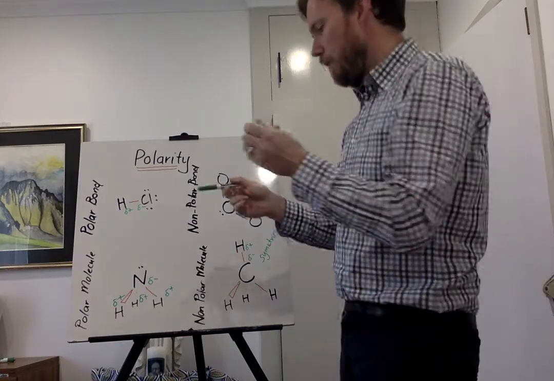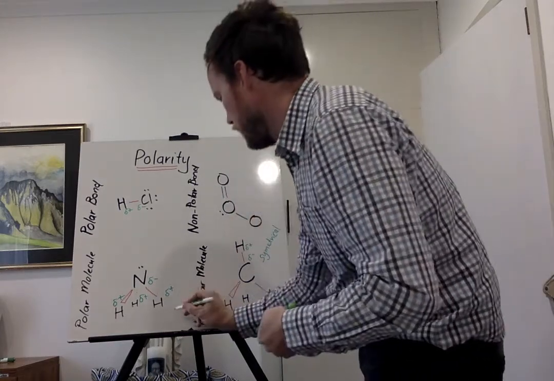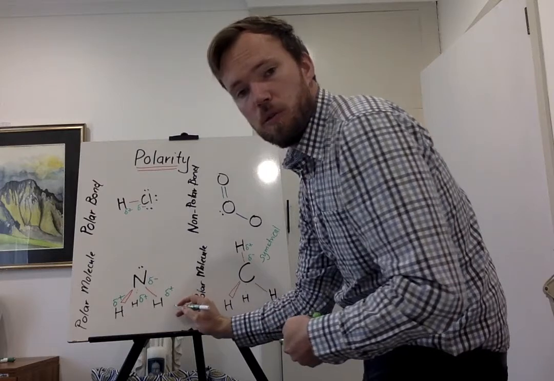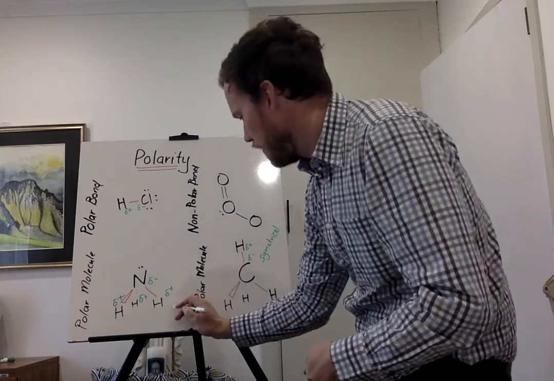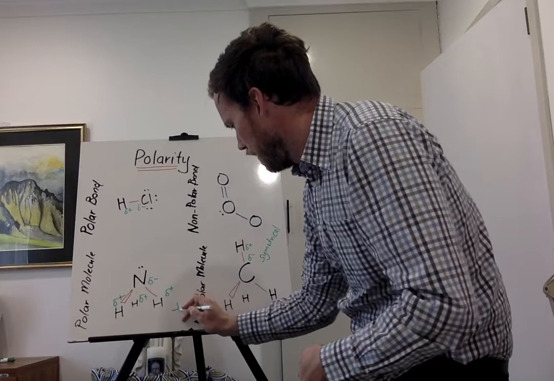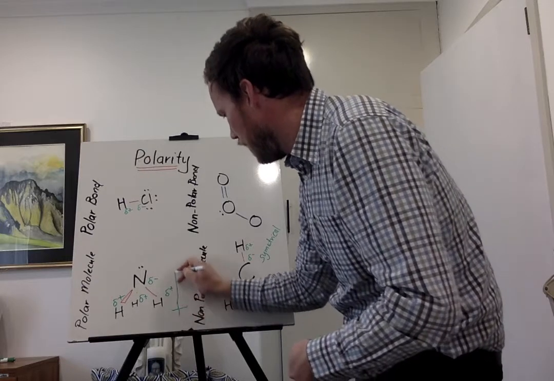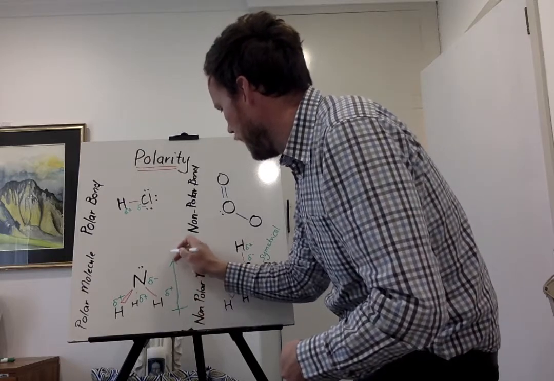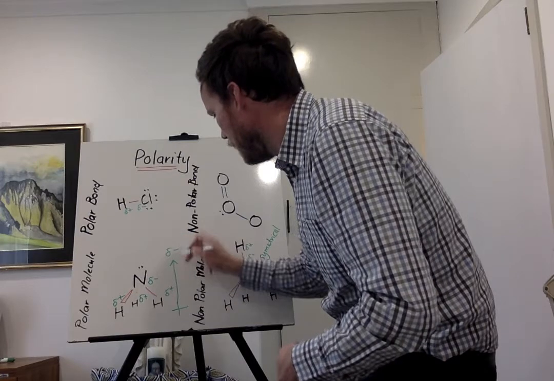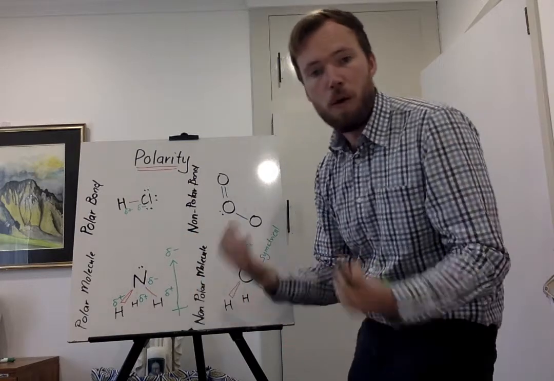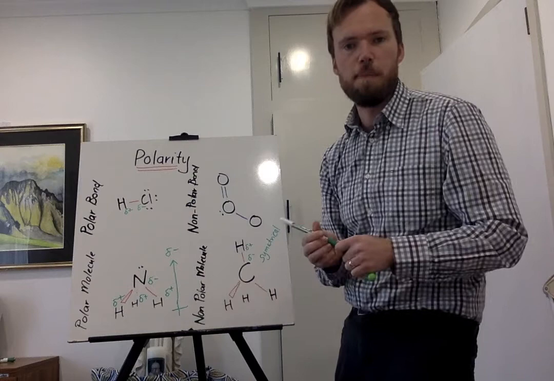We'd write this like this. Towards the hydrogens there's a positive side, right? And that goes up to my negative dipole of my molecule, as opposed to just the bond.